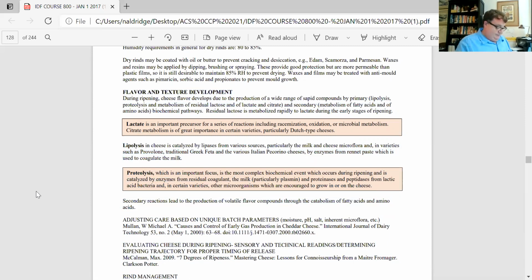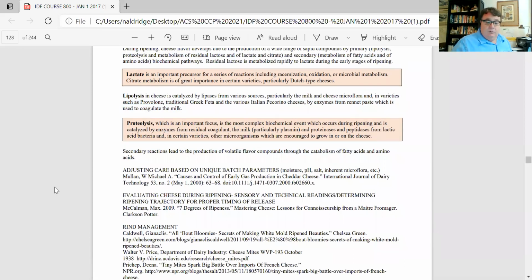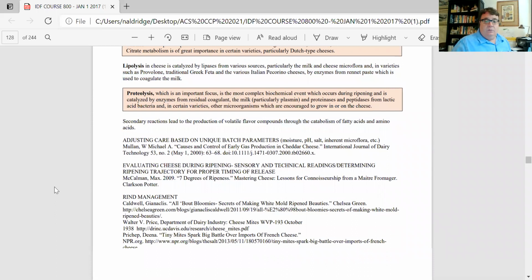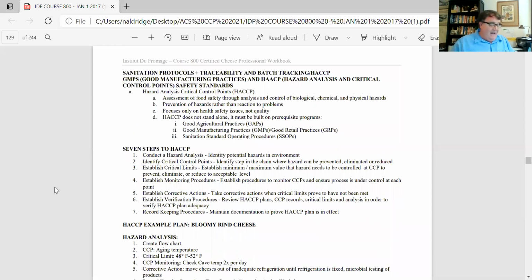All righty. Now to page 129. I'm not going to read everything for you, but here is where we get to HACCP. Know it. I put a big star on this whole page.